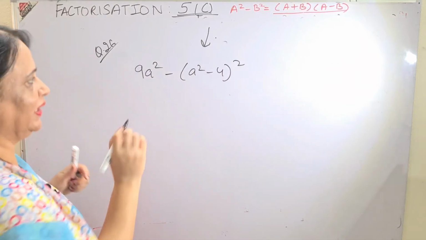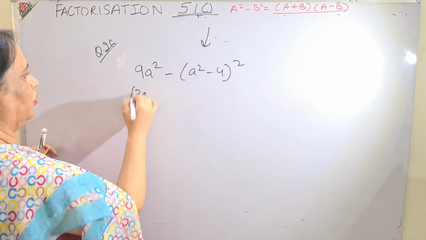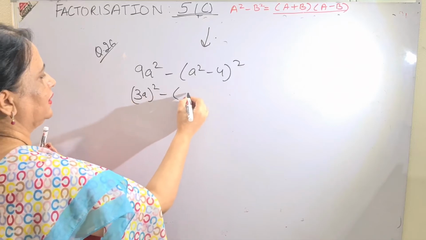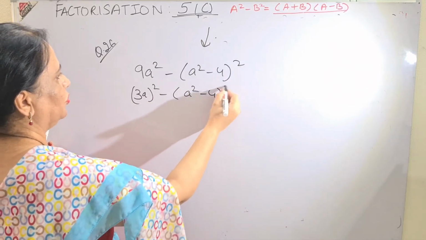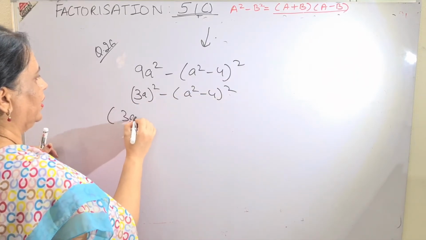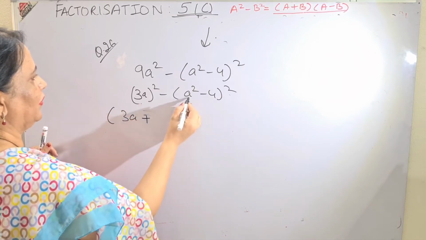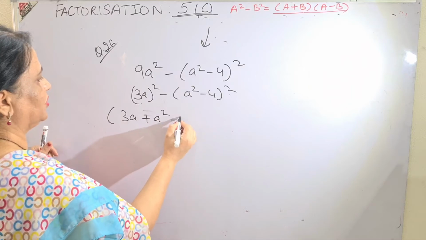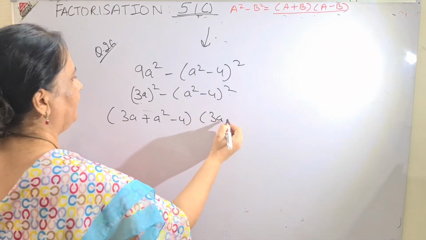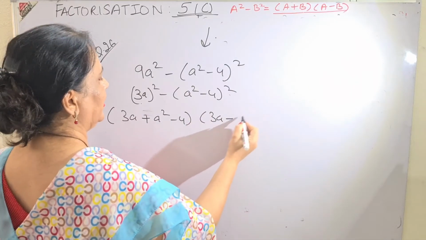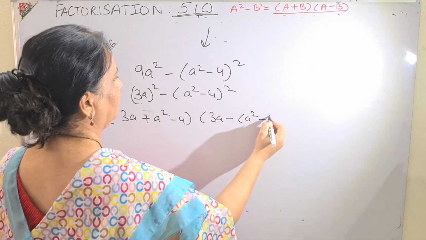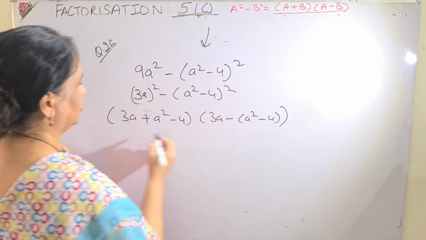It came in the exam, very easy. 3a whole square minus a square minus 4 whole square. So you are left with 3a whole square, 3a, first term plus second term, a square minus 4, and 3a minus a square. You put it in the bracket, and this is your answer.